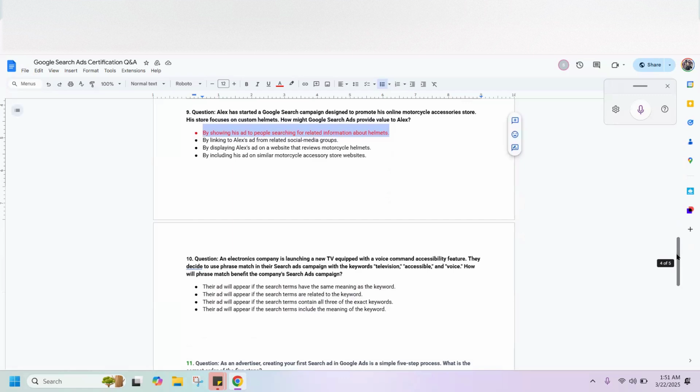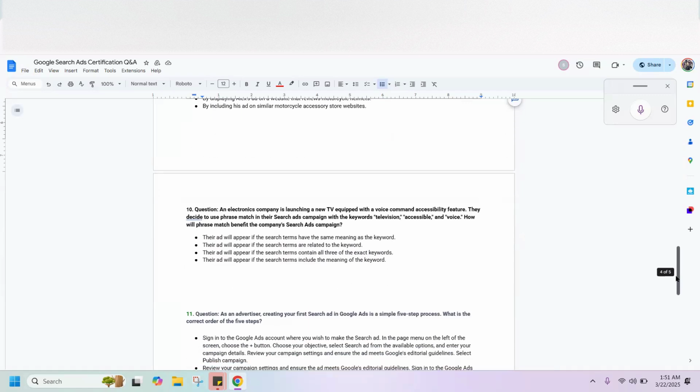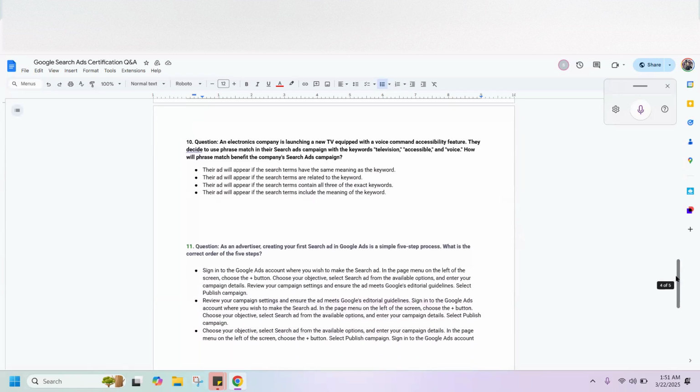Then an electronics TV question. An electronics company is launching a new TV equipped with a voice command accessibility feature.